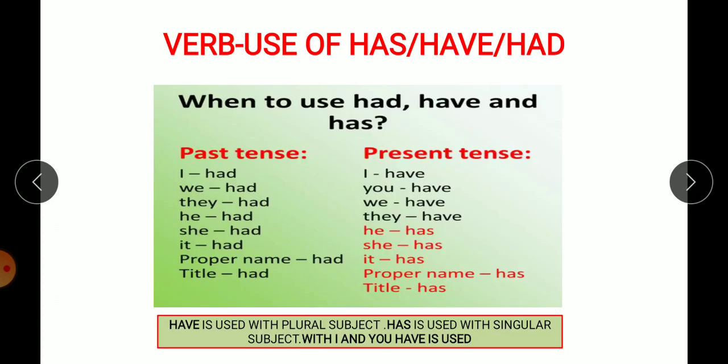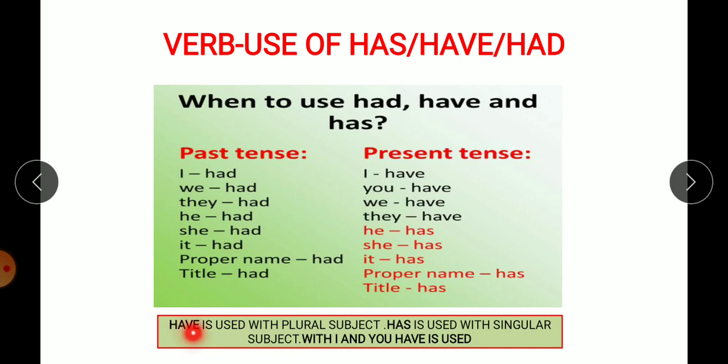Has, have and had. Now children, had is always used in the past tense. चाहे जो भी noun होगा उसके साथ आप had का use करेंगे in past tense. Like I had, we had, she had and so on. But जब has और have की बात आती है, now these two are used in present tense. So in this you have to decide कि has कहाँ use करना है और have कहाँ use करना है.